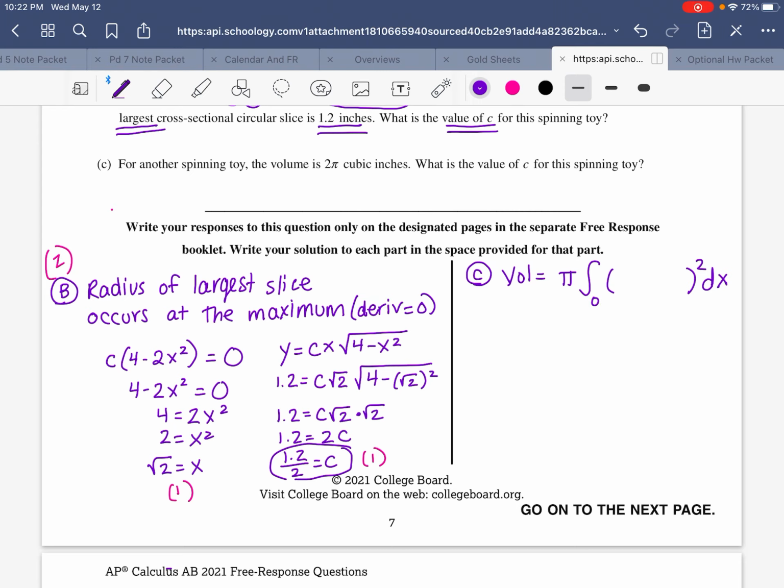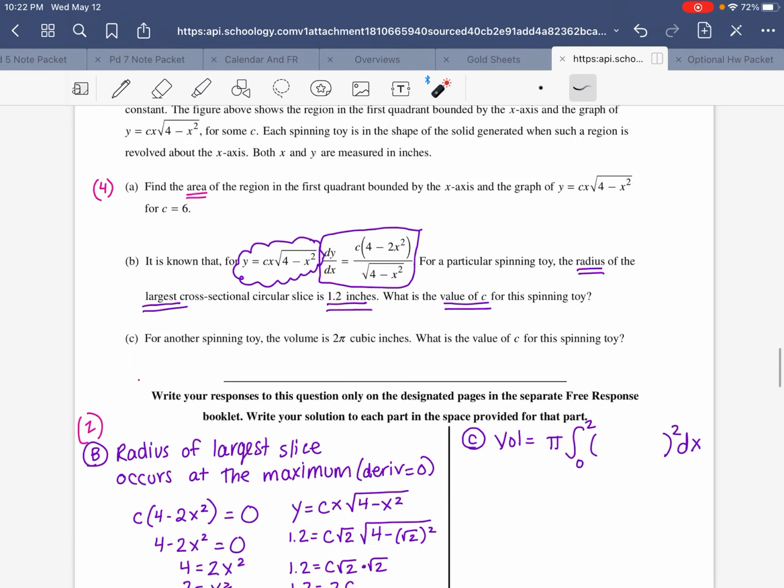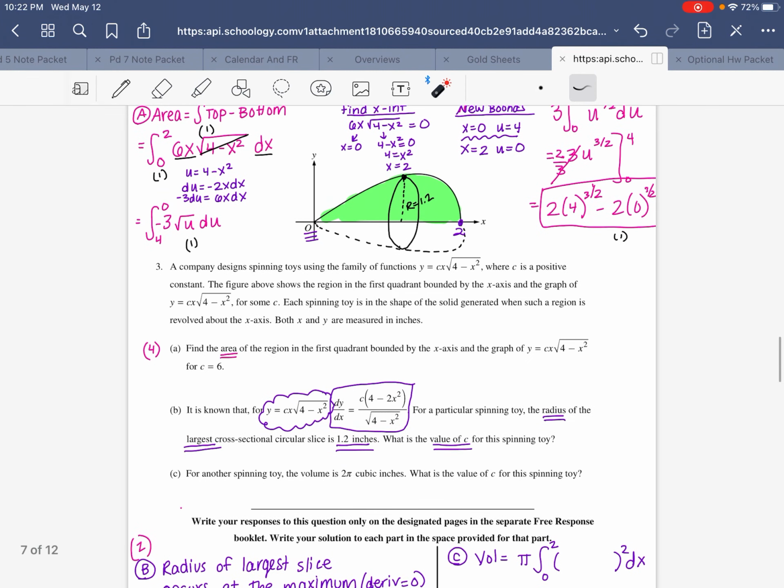Now, this solid's bounds go from 0 to 2. We had determined that in the beginning. And right here, we're supposed to be putting the radius of this solid. So let's come back up here. I know at this point I have it labeled at 1.2, but the radius is different depending on where I'm at.